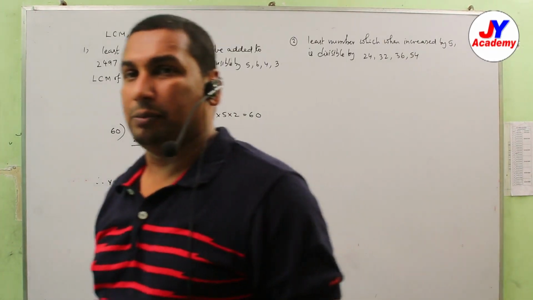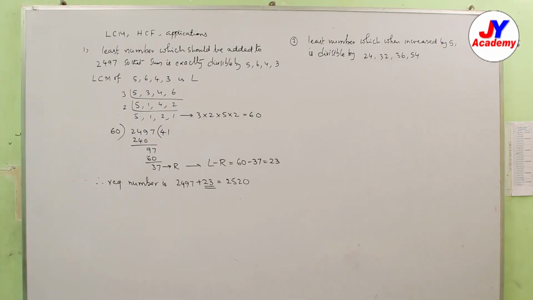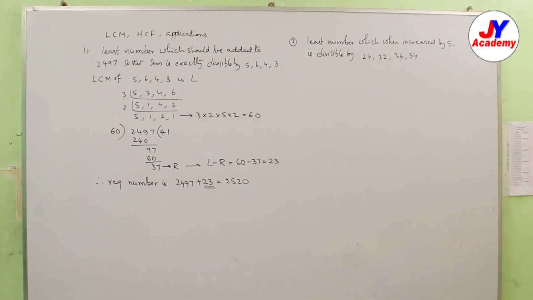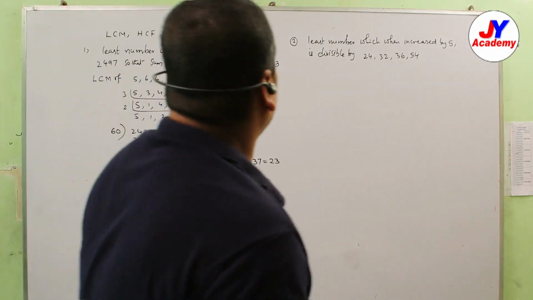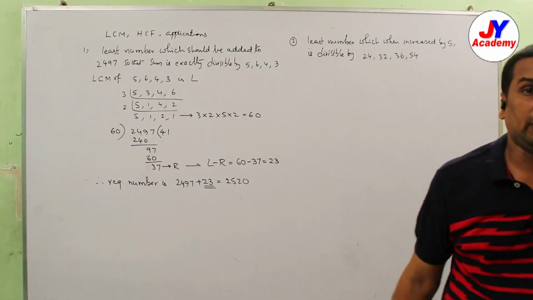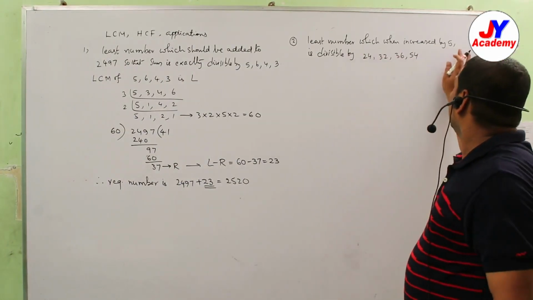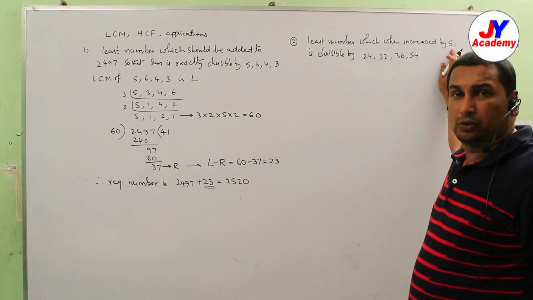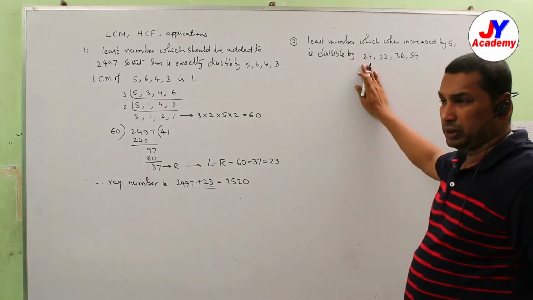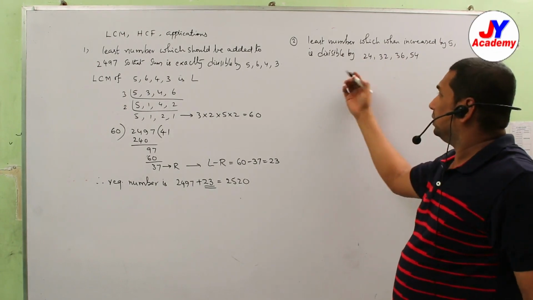So what least number we have to take, such that 5 is added to that number to make it divisible by all of them.